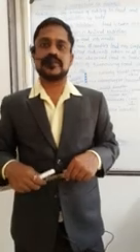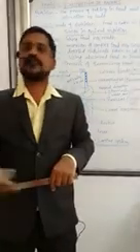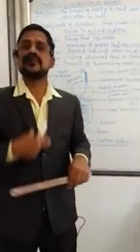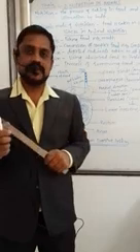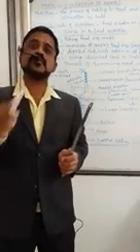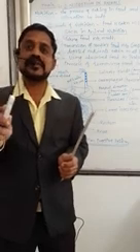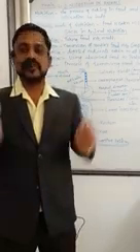The second process of nutrition in animals is called digestion. After taking food into the mouth, the food reaches the stomach, and here the complex molecules are converted into a simpler form that can be absorbed by the blood. This is called digestion.